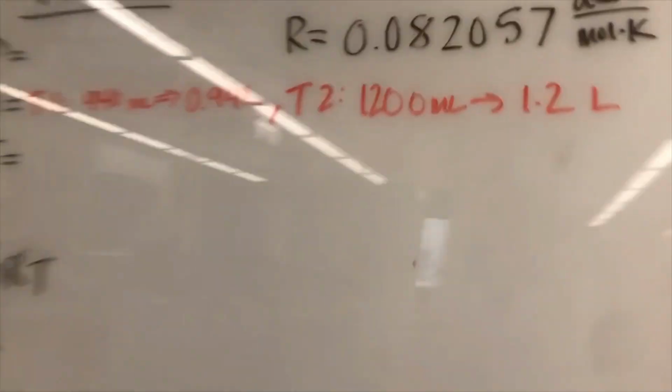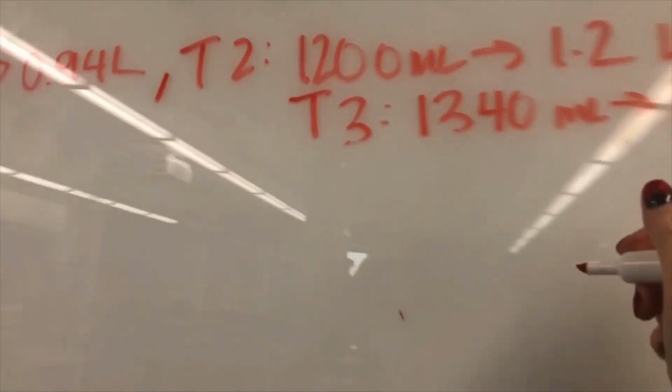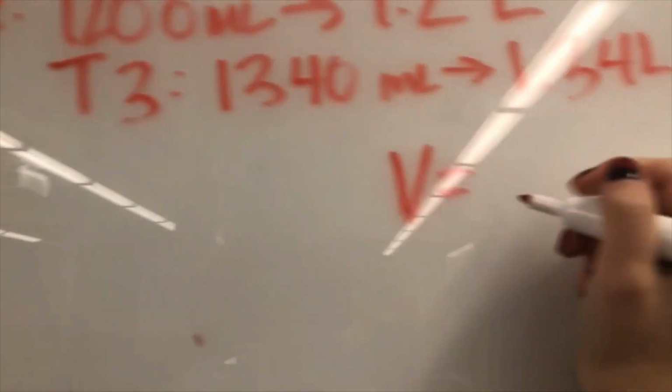So trial 3 is 1,340 milliliters or 1.34 liters.